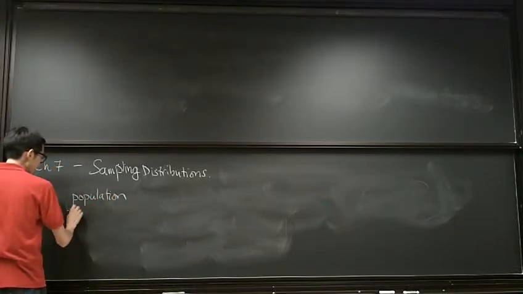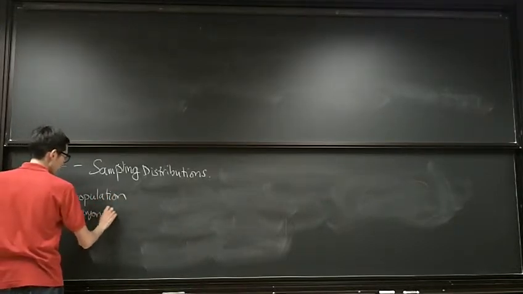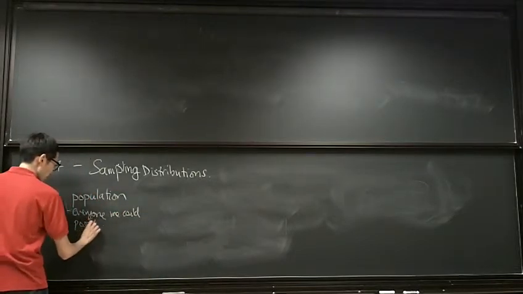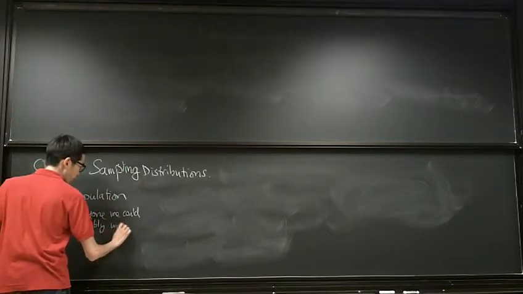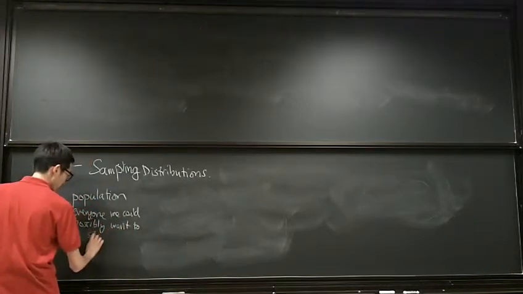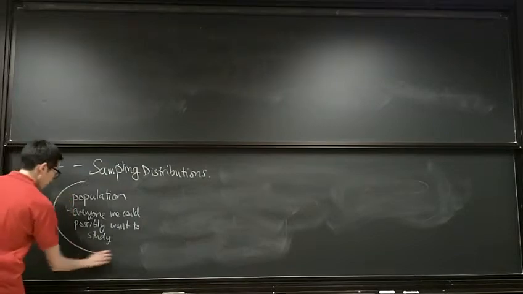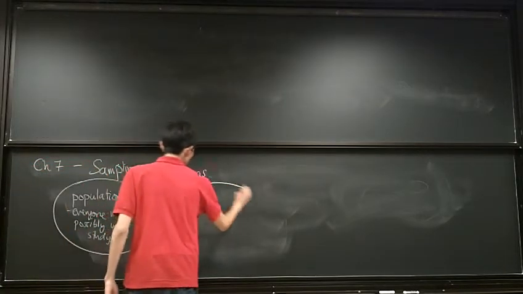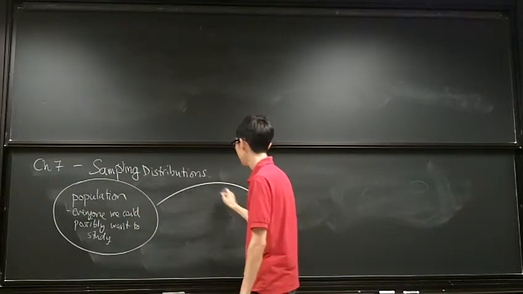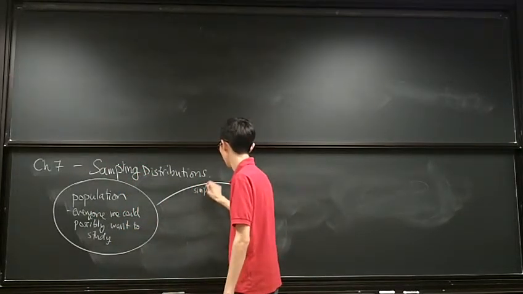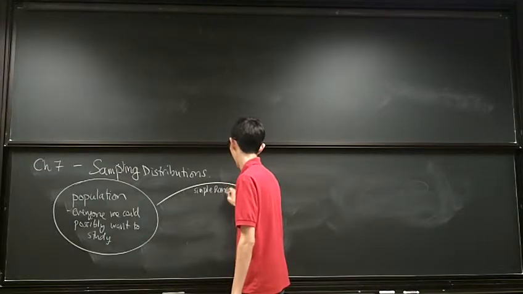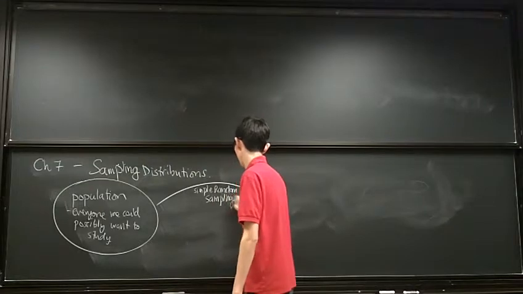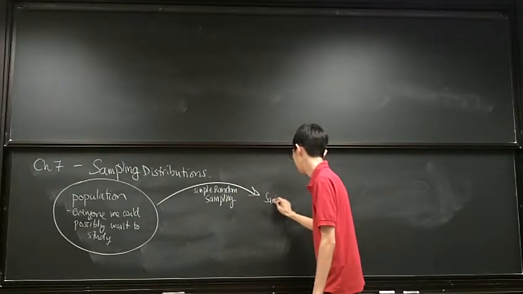So we've got a population, which is everyone we could possibly want to study. But we can't study everyone in the population. So through simple random sampling, we select a sample.